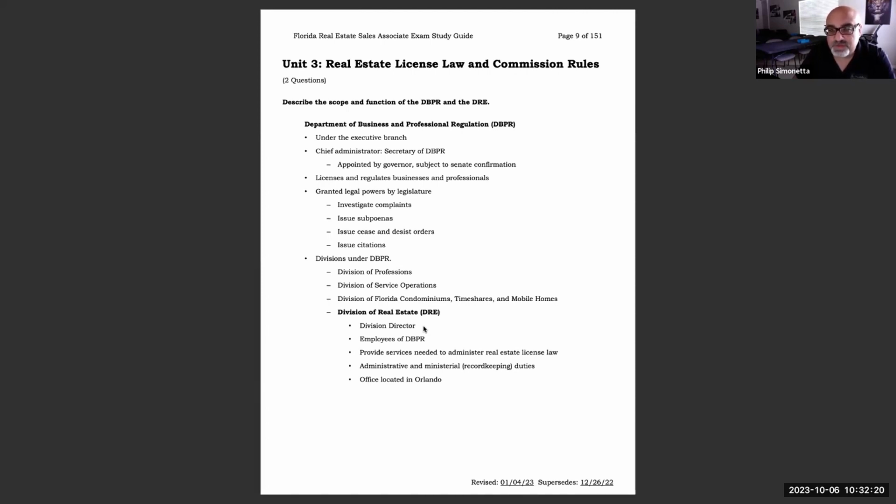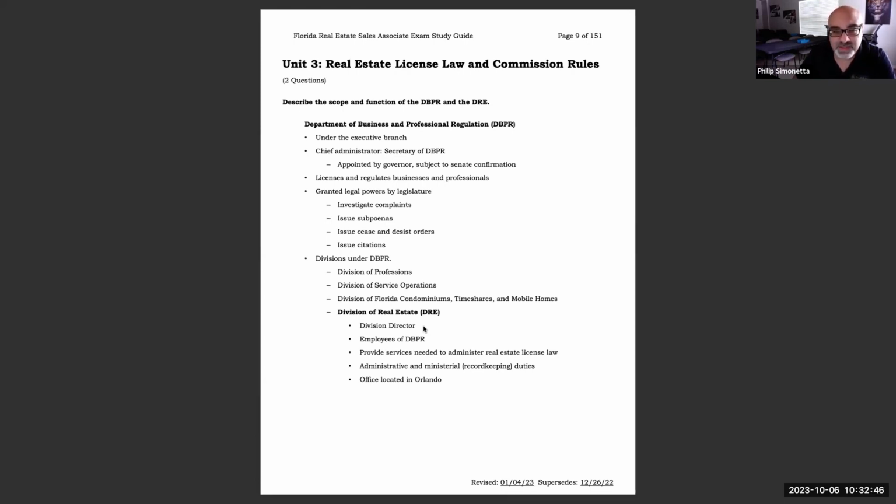So Department of Business and Professional Regulation, that's the DBPR. They're under the executive branch of the state of Florida. The chief administrator is the secretary of the DBPR. They're appointed by the governor, subject to Senate confirmation. You got to remember, they're always appointed by the governor, subject to Senate confirmation, not FREC confirmation.